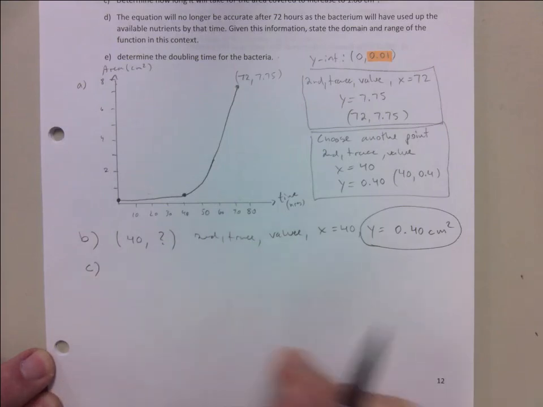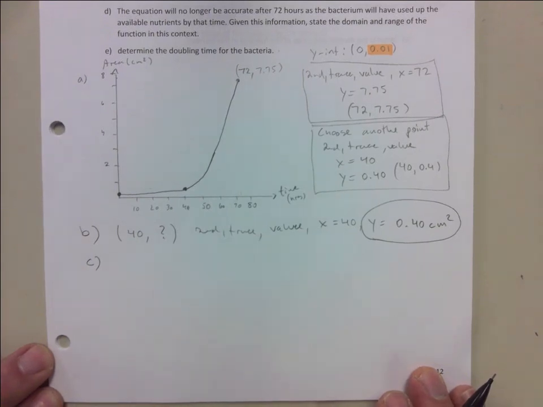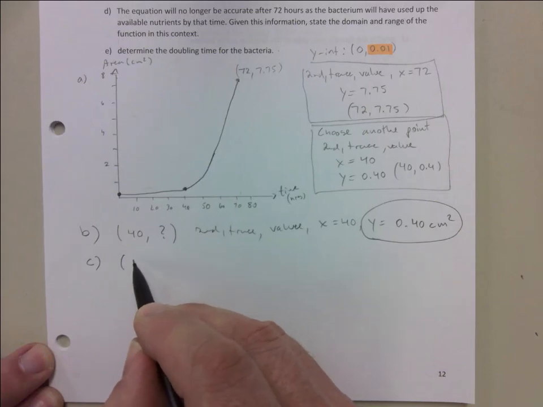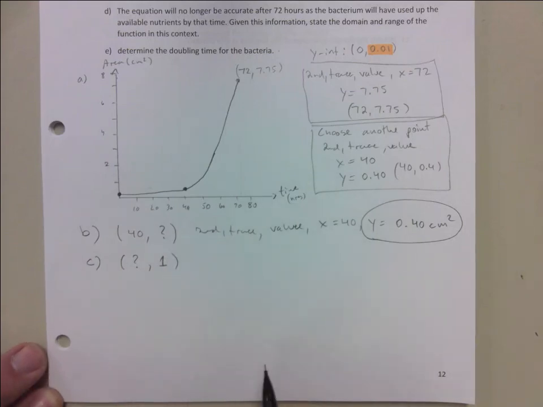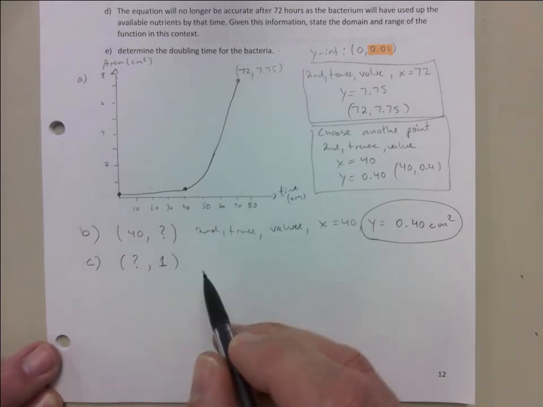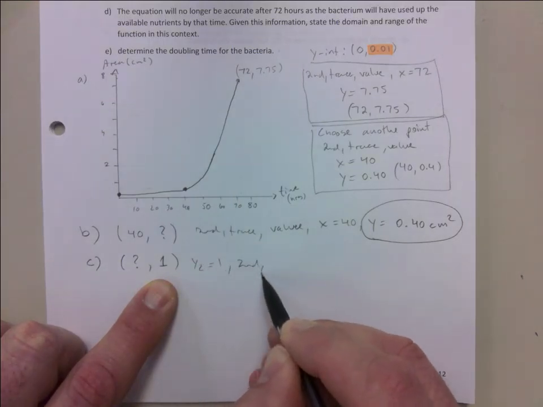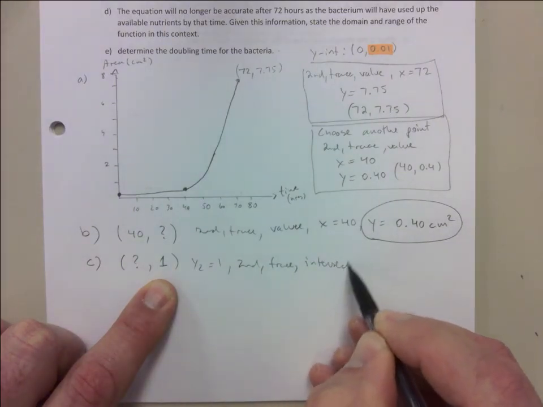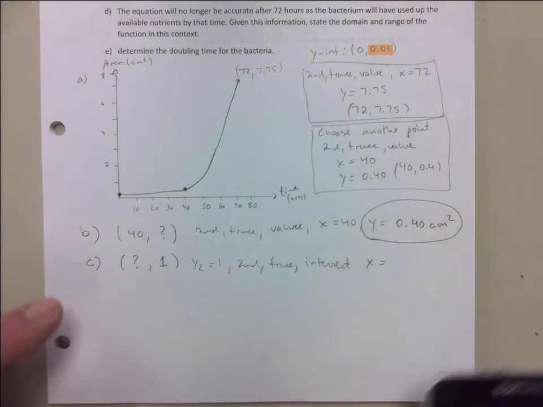C, how long will it take for the area covered to increase to 1 centimeter squared? In this case, it's asking you how long to cover 1 centimeter squared, right? So when you have the y value, we go y2 is equal to 1. Second, trace, intersect, and let's go ahead and find our x value.